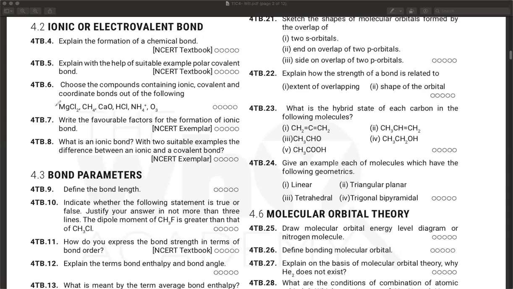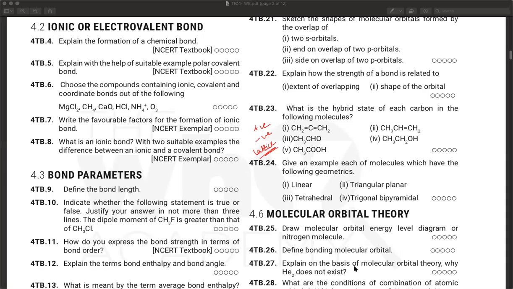Exactly. Is that it, or are you missing something? And high lattice enthalpy. Yes, don't forget about lattice enthalpy, because if that is high enough to compensate the other two, the ionic bond will still be formed. So low ionization enthalpy so that the cation is easily formed, high electron gain enthalpy so that the anion is easily formed, and high lattice enthalpy so that the compound itself can form easily.